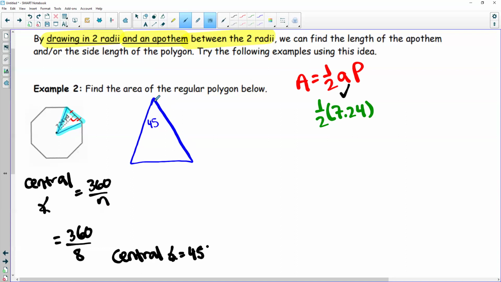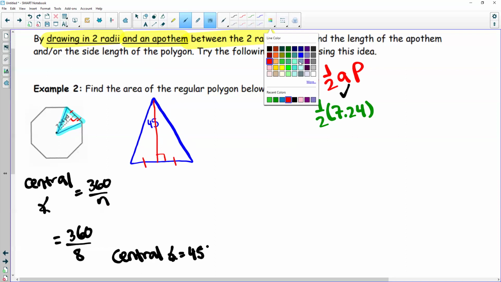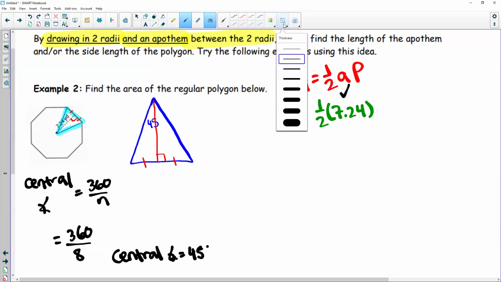This apothem bisects that angle of 45, and it bisects this bottom side here. If we bisect 45, meaning divide it by 2, it ends up being 22.5. So we have 22.5 for this angle.